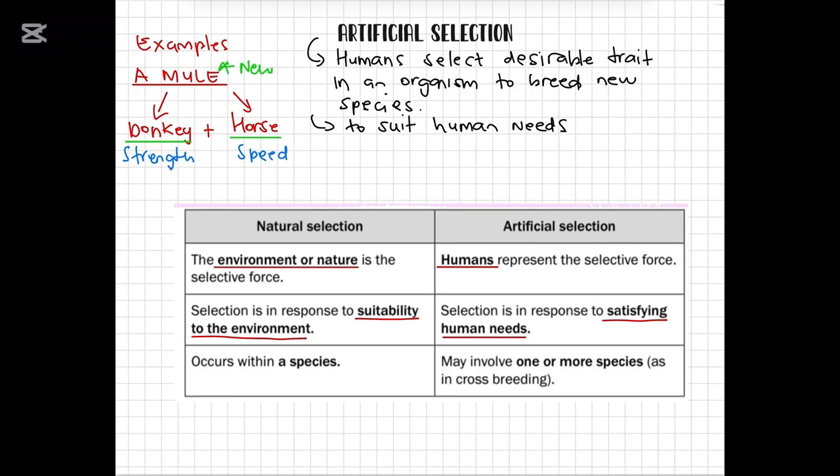Lastly, in natural selection, selection occurs within organisms of the same species, and artificial selection will occur between two different species or more than one species. And when you check in artificial selection, a new different species is formed, in this case, the mule. And also note that the mule is infertile.